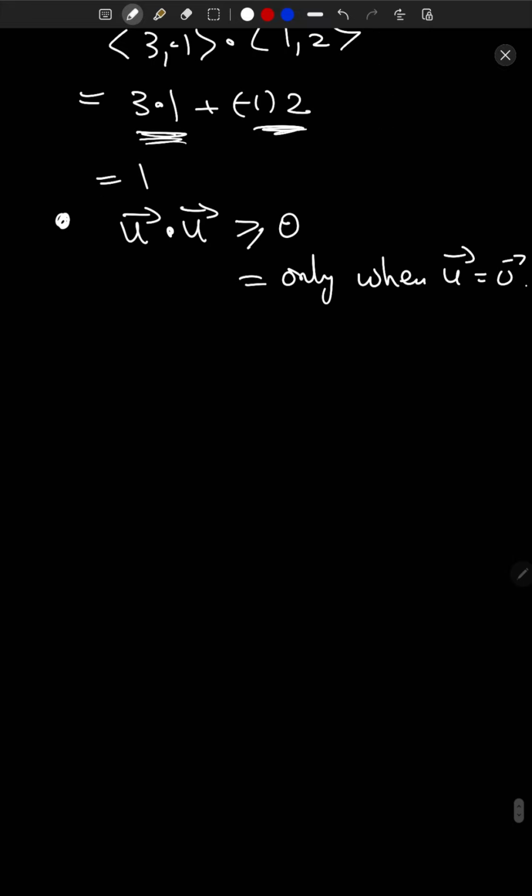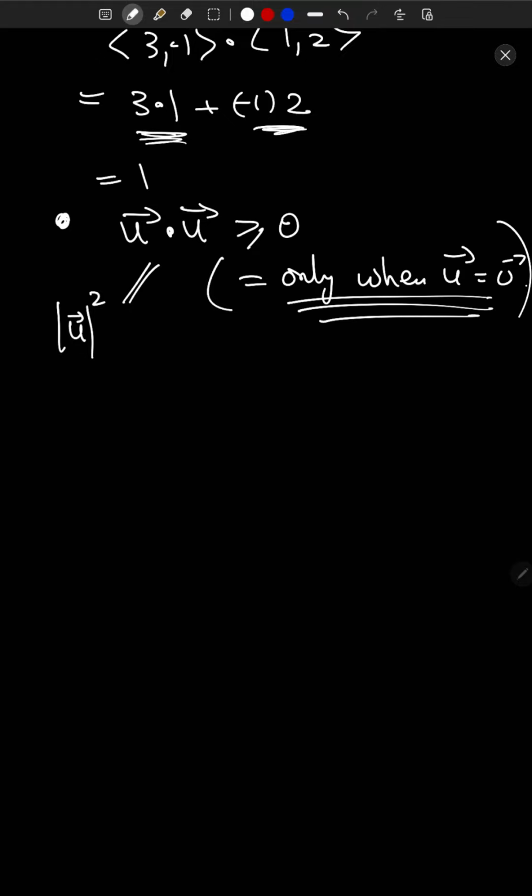The reasoning behind this is that U dot U is equal to, we just saw, the length squared, right? And so the length of a vector is always positive unless it's the 0 vector, in which case the length is 0. So that covers the stuff in the parentheses right there.